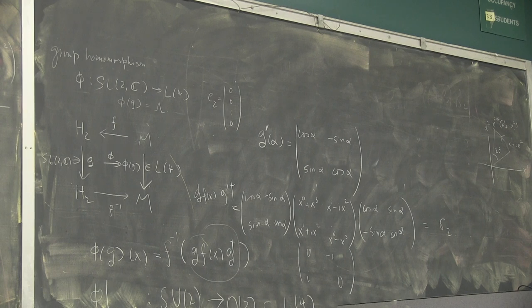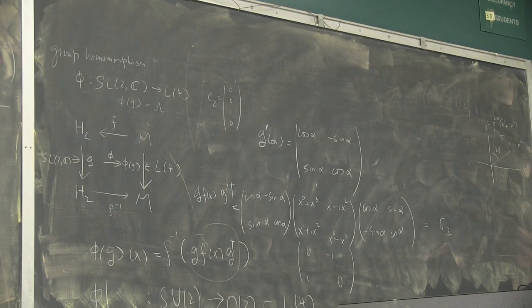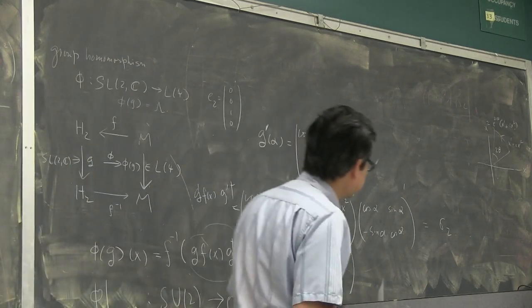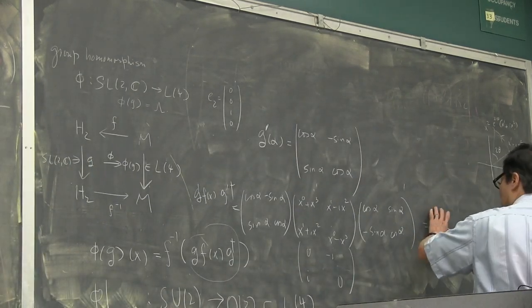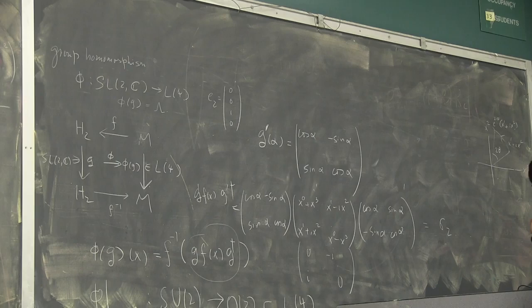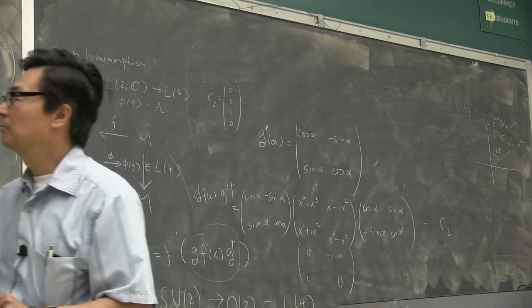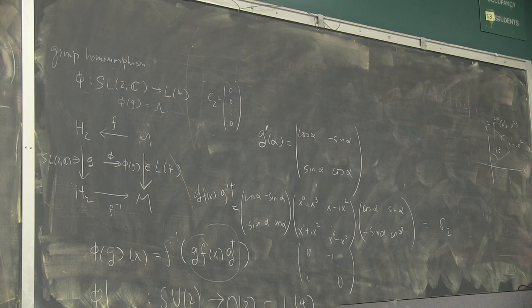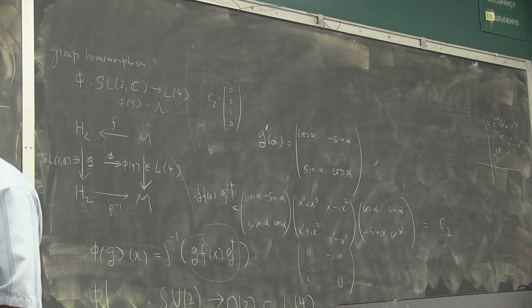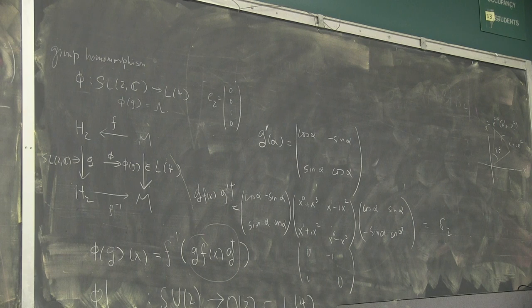So in other words, whatever rotation it is doesn't change the E2 axis. Because if you use the inverse map, F inverse, this thing gets mapped back to E2. So the image of this G prime, something in here acting on the E2 axis, does not change the E2 axis. So it must represent a rotation about the E2 axis.